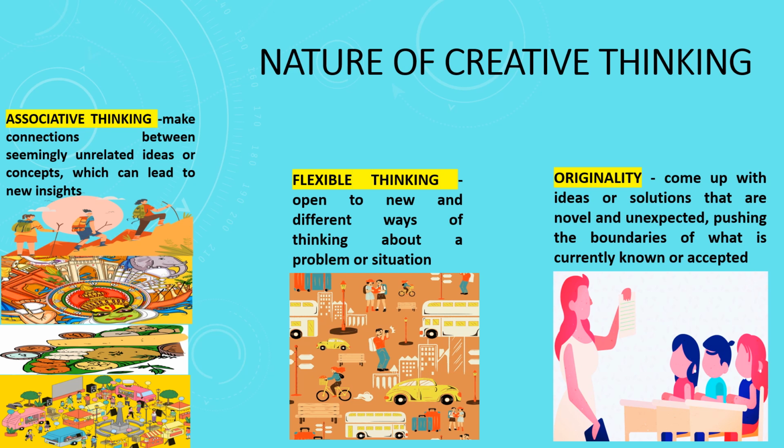From there, you might begin to associate trying new food with exploring a new ethnic neighborhood or attending a food festival. So, with one idea, you move on with associating more and more ideas and will reach a new insight. So that is associative thinking.